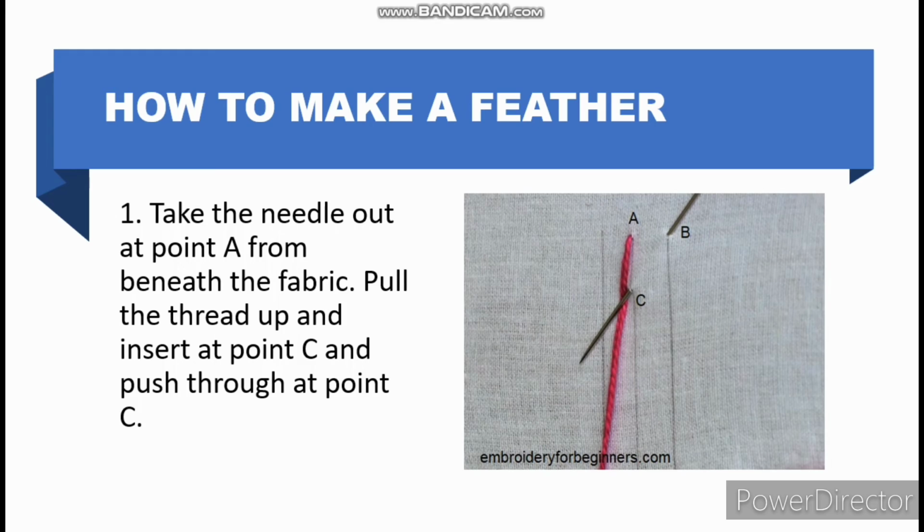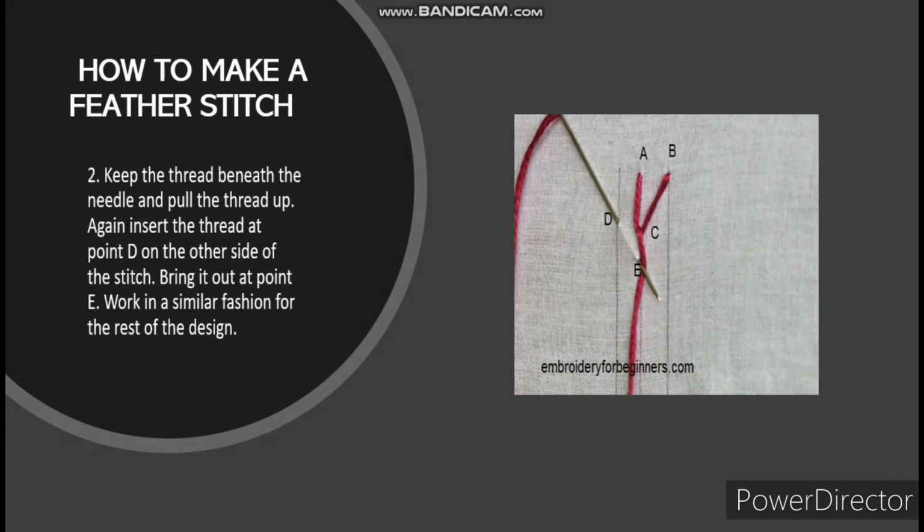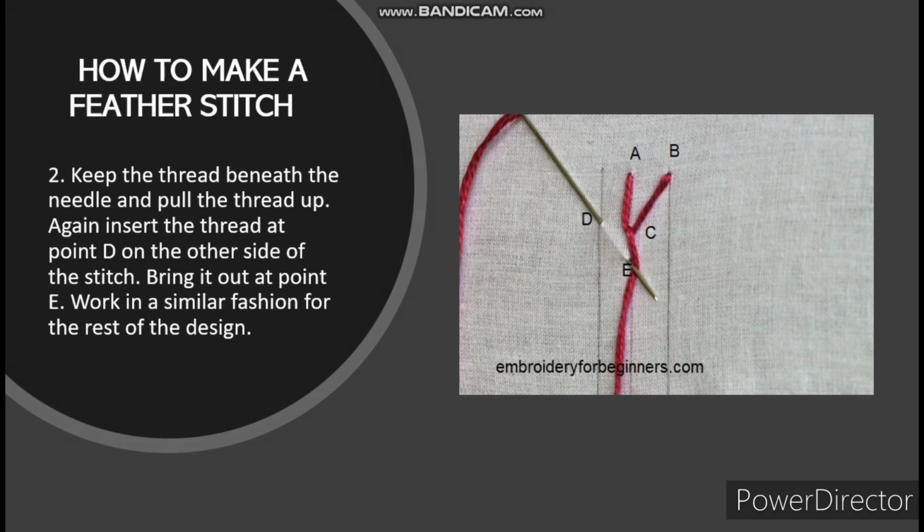2. Keep the thread below the needle and pull the thread up. Again, insert the thread at point D on the other side of the stitch.